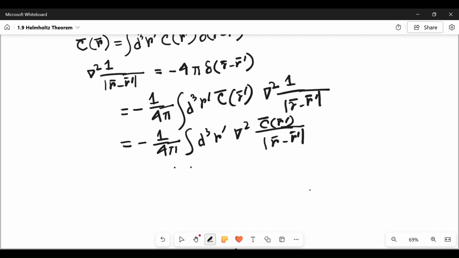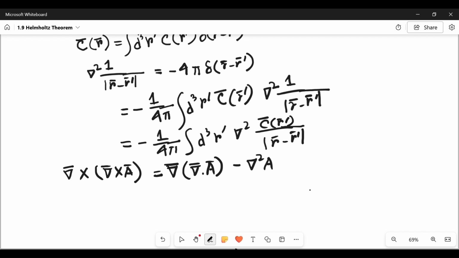There is an identity involved with the Laplacian of a vector field, which is curl of curl of an arbitrary vector field A is equal to gradient of divergence of the vector field minus Laplacian of the vector field.